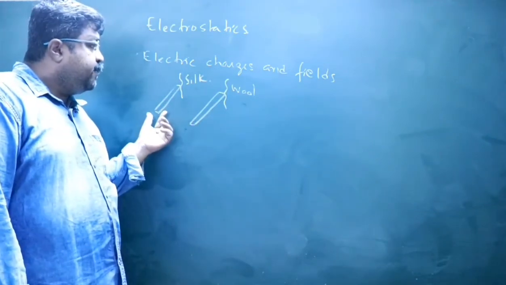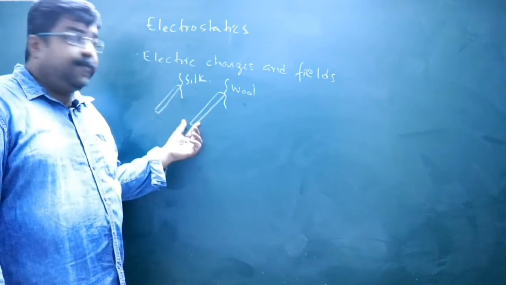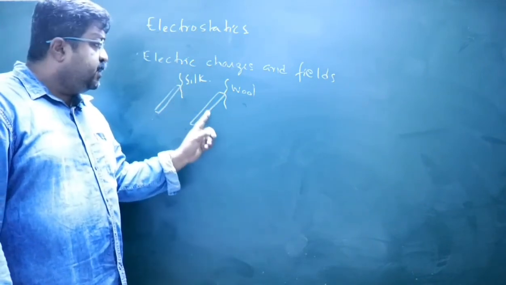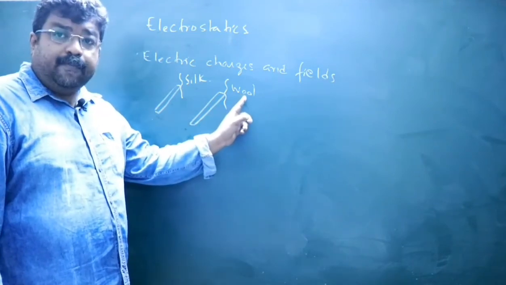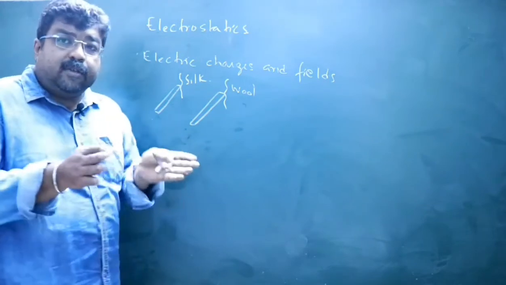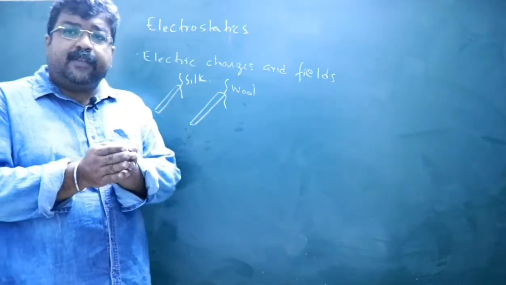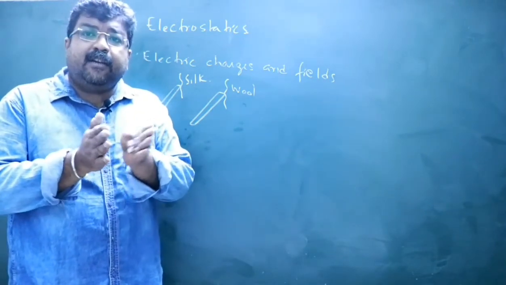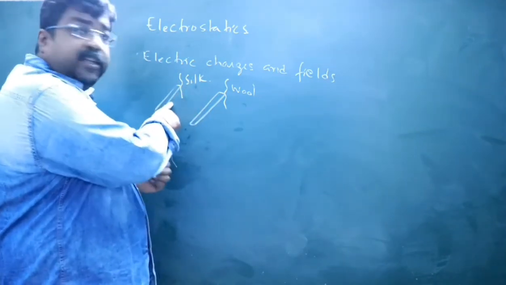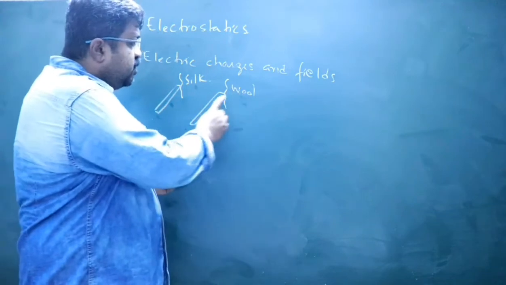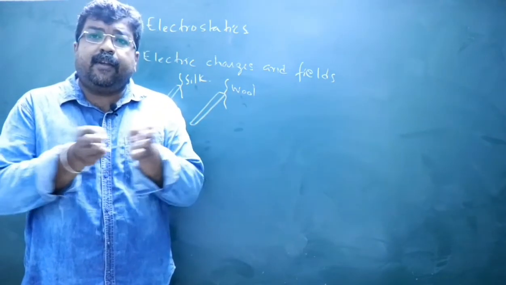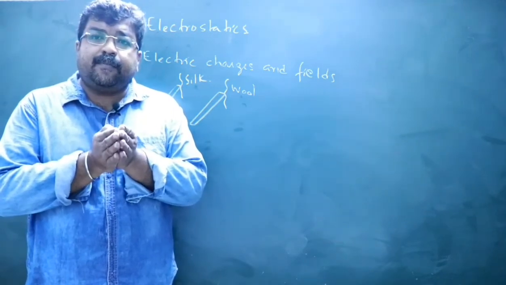Now suppose you have two glass rods, and one glass rod is rubbed with silk, the other glass rod is rubbed with wool. Now these two glass rods are brought close to each other. It is observed that they experience a repulsive force. And the silk which was rubbed with one glass rod and the wool which was rubbed with the other glass rod, when brought close, again experience a repulsive force.